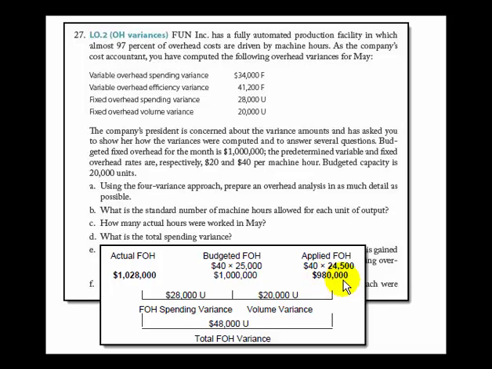Once we have the 980,000, we divide by the $40, and we can calculate 24,500 of fixed overhead hours. Okay? And that's how we take care of how the fixed overhead spending and volume relate to a total fixed overhead variance of $48,000.